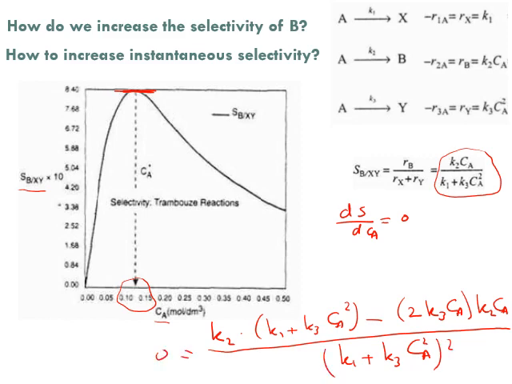This equals 0, and then we can solve for CA.